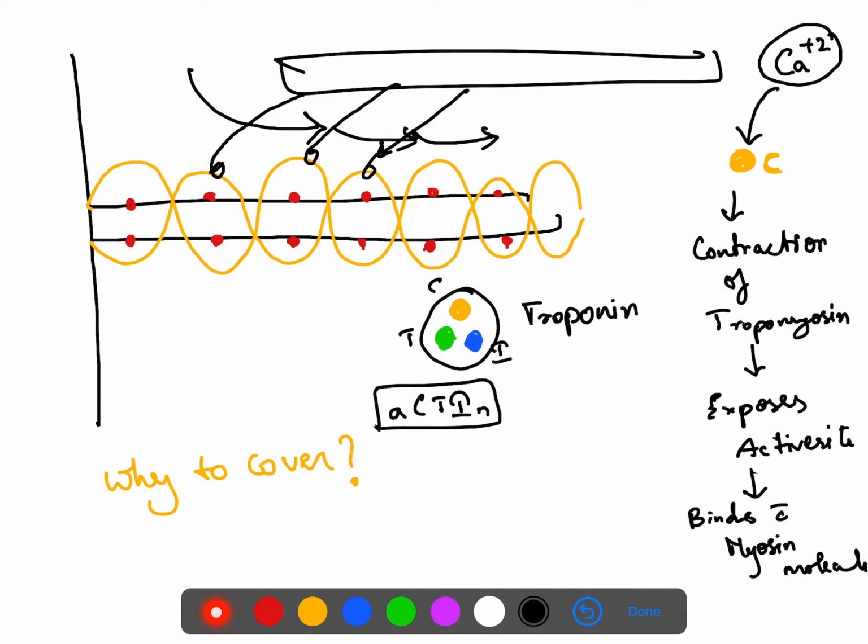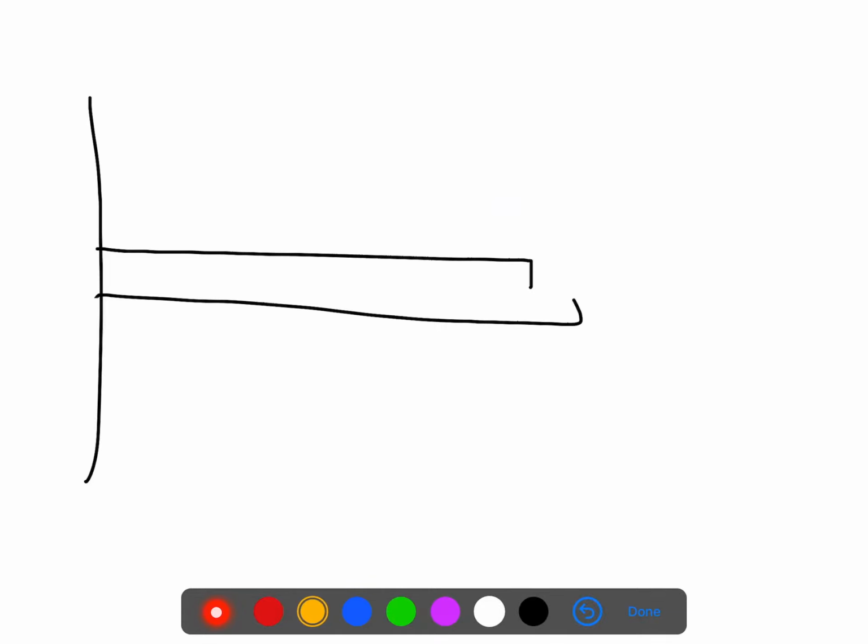Okay, until now we are good. This is the sequence. See how it contracts. So this is the actin chains, and the troponin proteins are present intermittently over the tropomyosin and actin filament.